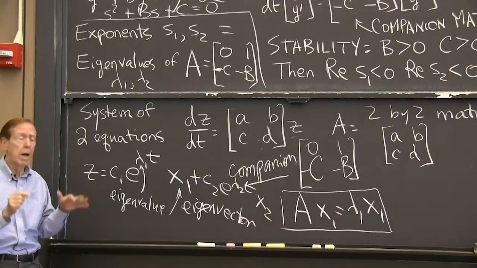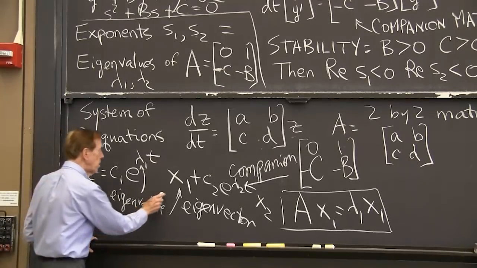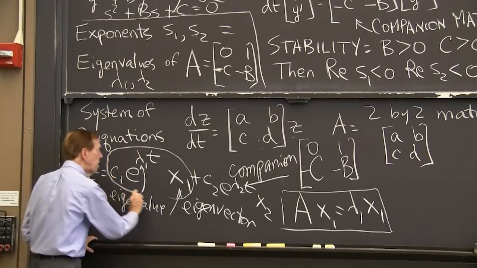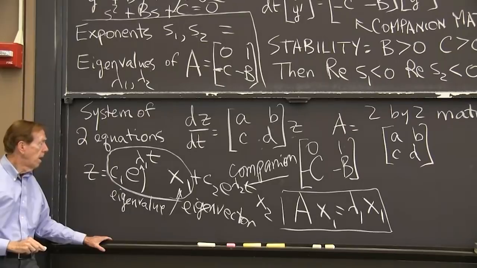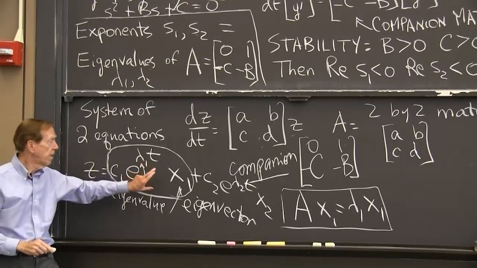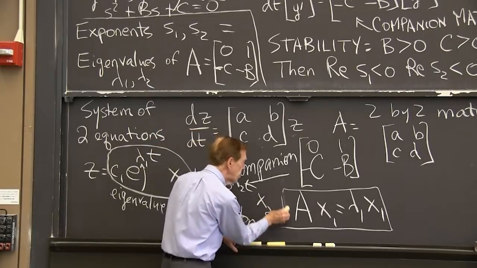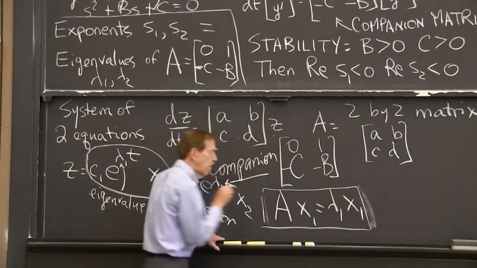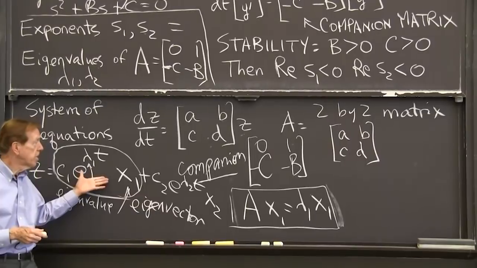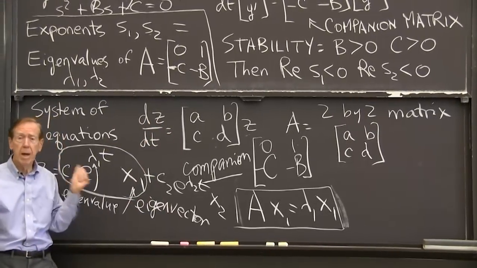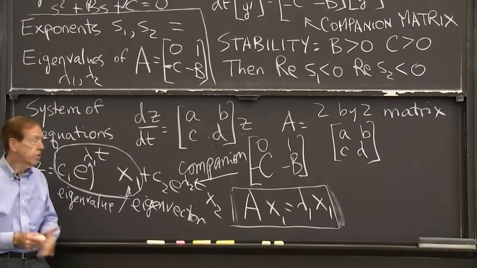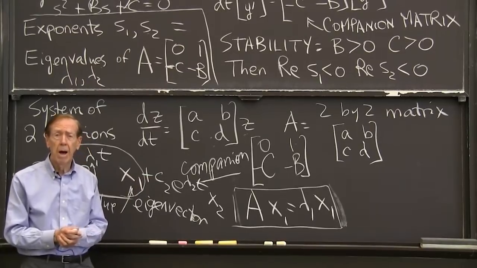Here's my look-ahead message, that solutions look like that. So we're looking for an eigenvalue and looking for an eigenvector, and there's the key equation they have to satisfy. And that equation comes when we put this into the differential equation and make the 2 sides agree. So that's what's coming.